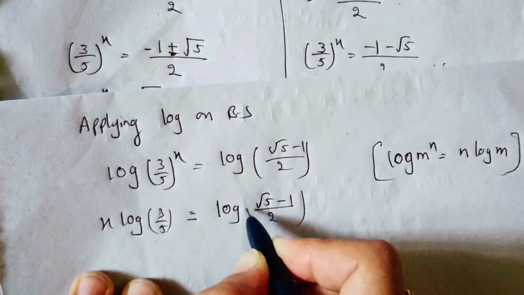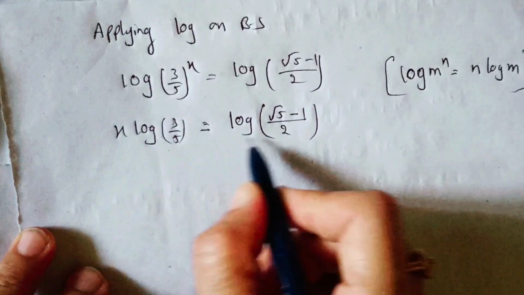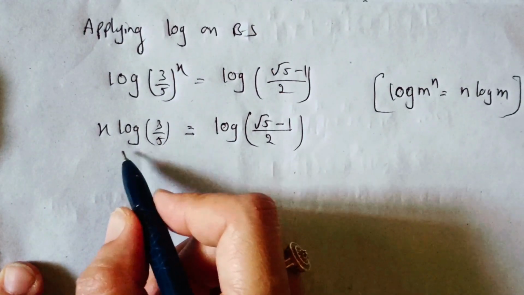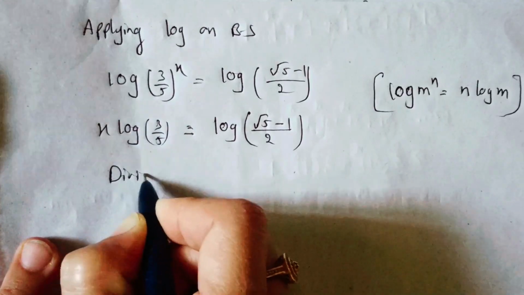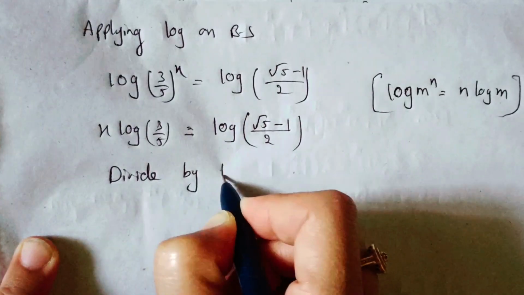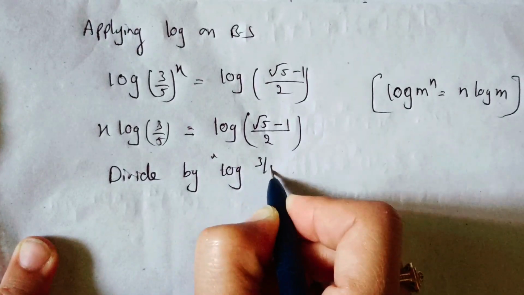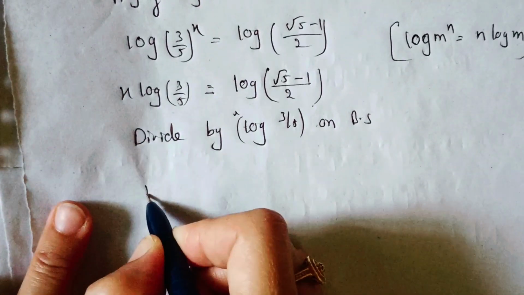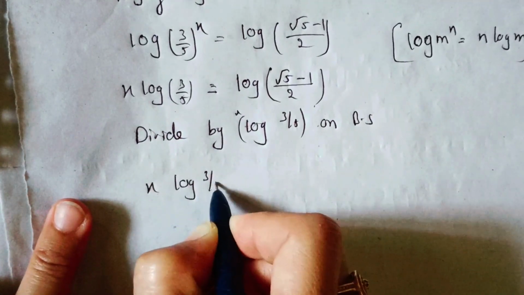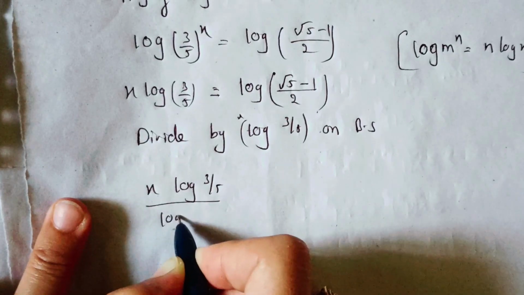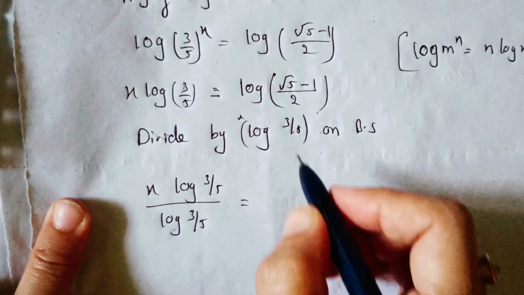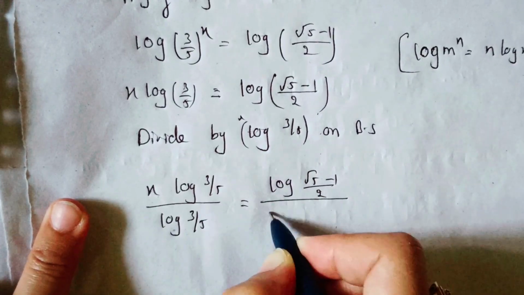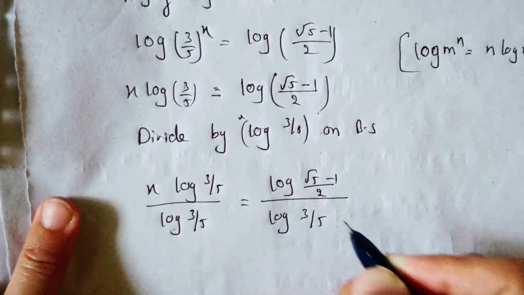We need to find the value of x, that's why we are going to divide by log 3 by 5 on both sides. Then it becomes x log 3 by 5 divided by log 3 by 5 equals log of (root 5 minus 1) by 2 divided by log 3 by 5.